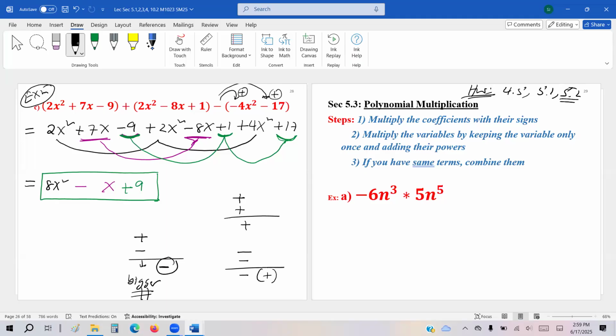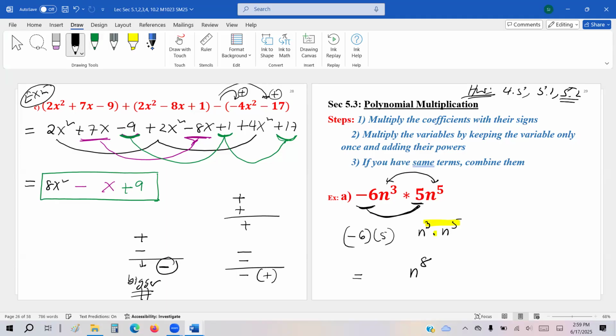For example, here we have -6 and 5. These two are like terms because they're numbers. So you multiply -6 times 5. And then we have the variable portion n cubed and n to the 5. In multiplication, we add the powers, so the answer is n to the 8.